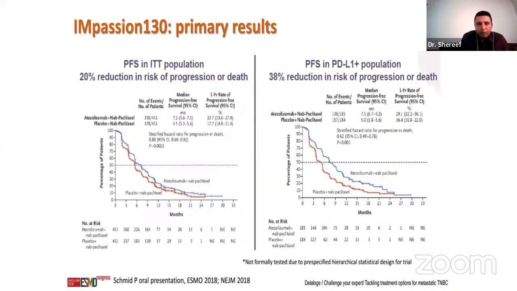So this is the outcome of the trial. In terms of statistics, in the intention to treat population, it is positive. However, it's not that clinically meaningful. However, in the PD-L1 defined subgroup of patients, we have clinically and statistically significant benefit of adding atezolizumab to nab-paclitaxel. So first they looked at the overall population, and then they looked at the molecularly defined subgroup.